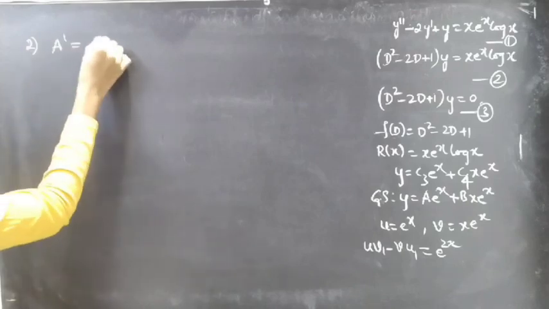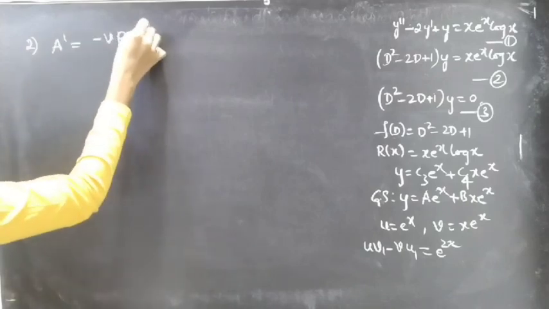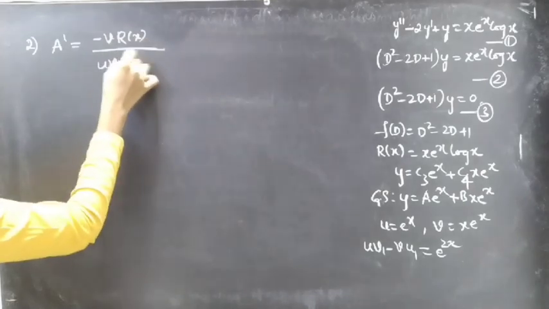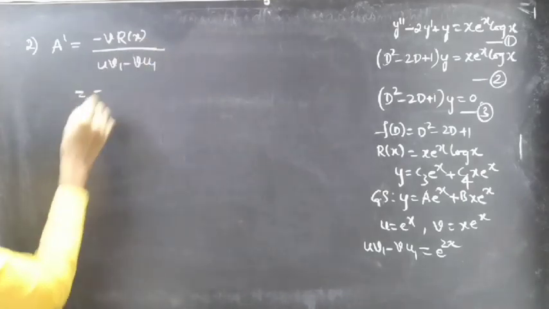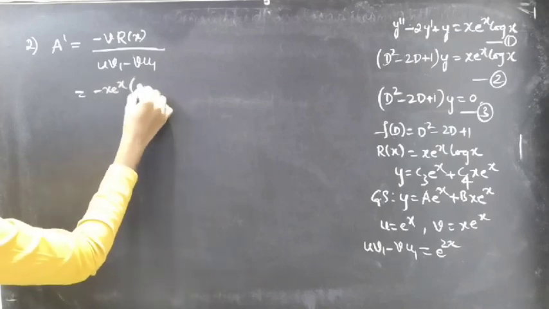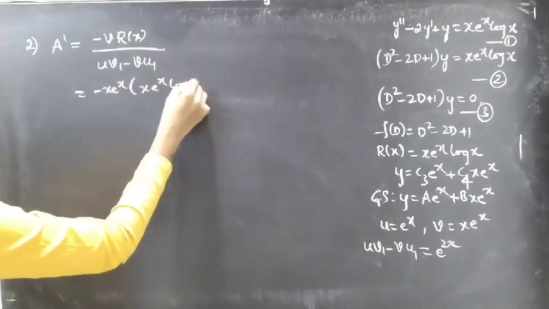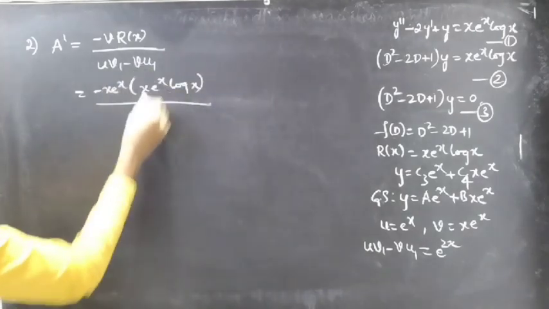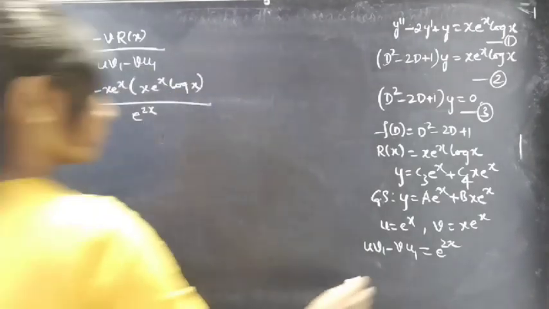Coming to a dash, it is given by minus v into r of x by uv1 minus v1, right? This is equal to minus v, which is x e power x, into r of x, which is e power x log x, by uv1 minus v1, which is e power 2x, since we know that.